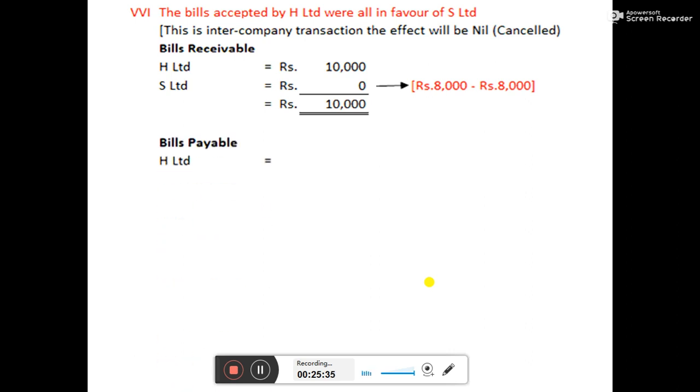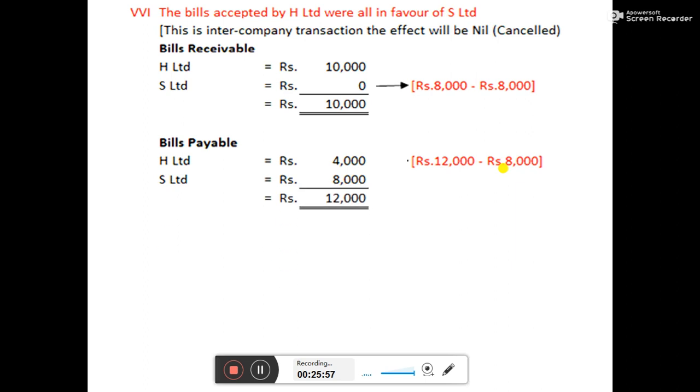And in bills payable, H Limited is supposed to pay 12,000 rupees. Out of this 12,000, they are supposed to pay 8,000 rupees to S Limited. That is why it is deducted and we are only showing 4,000 in the outer column. And then S Limited is supposed to pay 8,000. Total is 12,000. This will come in notes to accounts, then finally in the balance sheet.